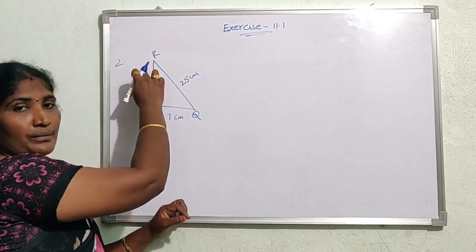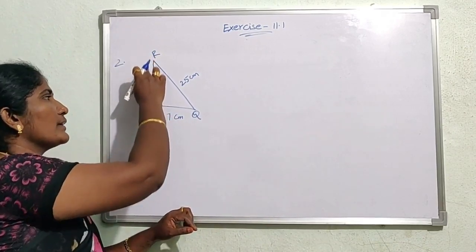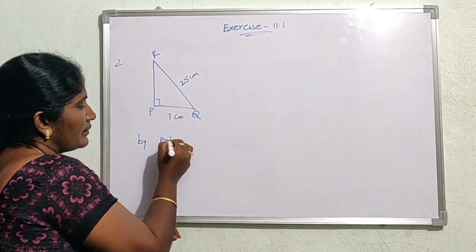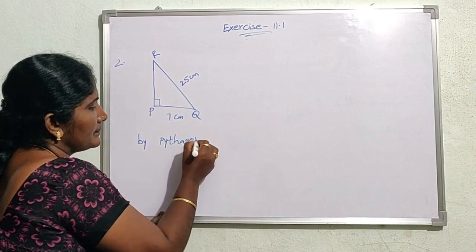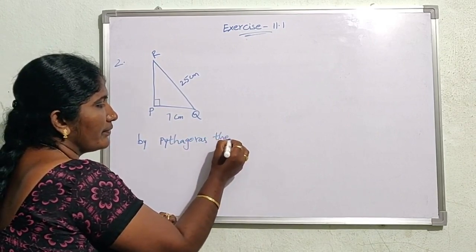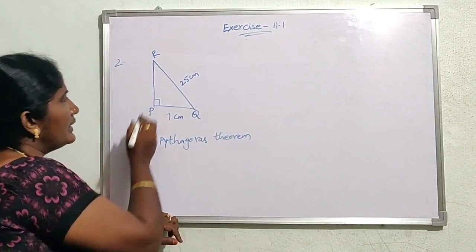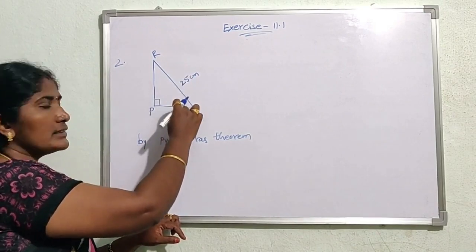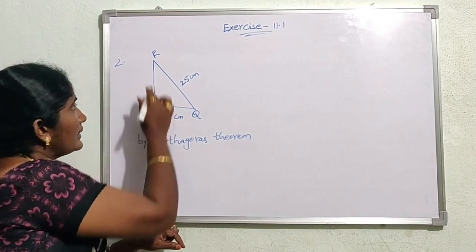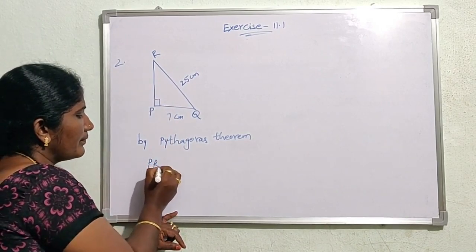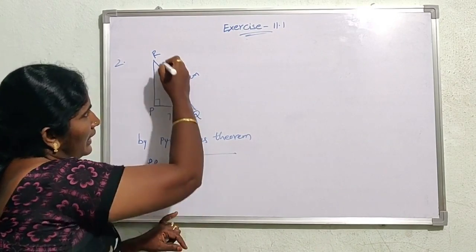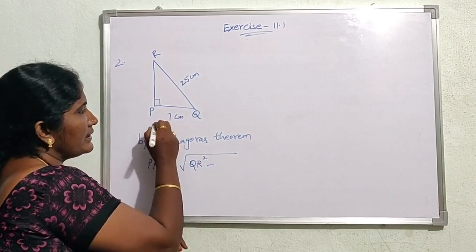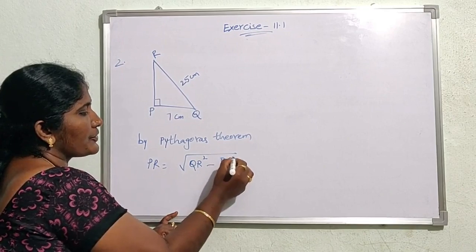Here, by using Pythagoras theorem, we can find out PR. What is Pythagoras theorem? By Pythagoras theorem, side is equal to root of hypotenuse square minus side square. Here, PR is equal to square root of hypotenuse square QR square minus side PQ square.